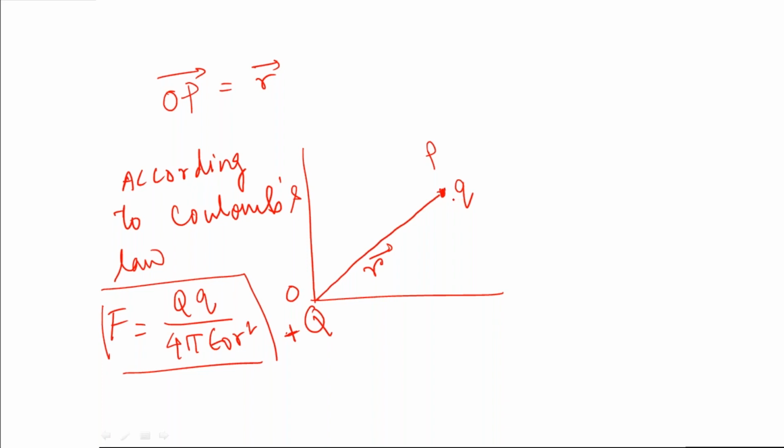The question is, when small q is brought at r distance away from capital Q, this small charge is experiencing a force over here at P. But when I remove this charge, is there anything at this place?